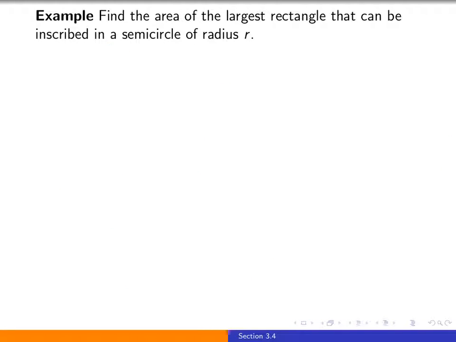So let's look at one more very typical optimization problem. Let's find the area of the largest rectangle that can be inscribed in a semicircle of radius r. So let's draw a picture here and see if we can represent this situation. So we have a semicircle of radius r, so that means half a circle.